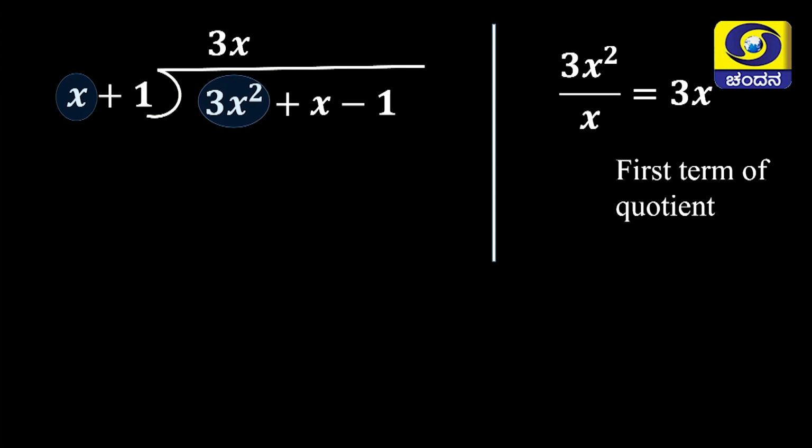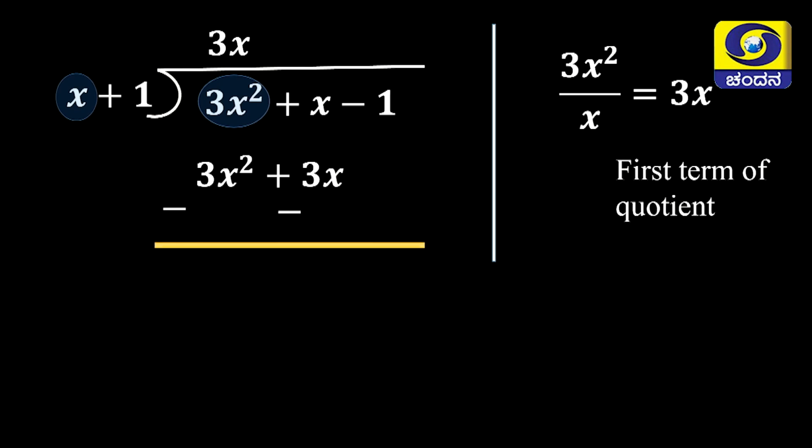Now 3x is multiplied by x plus 1: 3x into x is 3x square, plus 3x into 1 is 3x. Now we change the sign. Plus 3x square minus 3x square cancel each other and become 0.